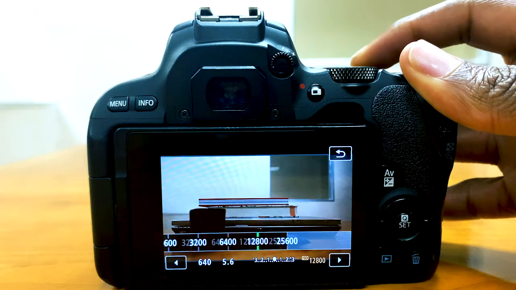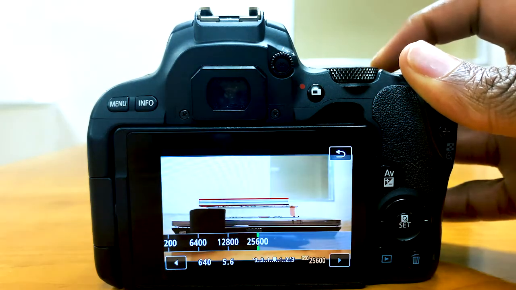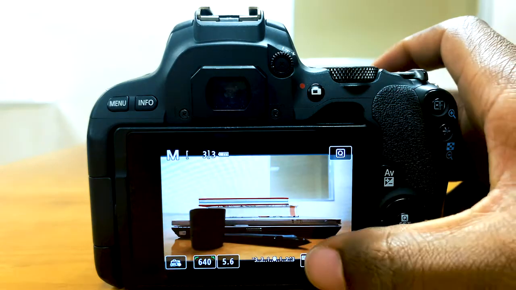Okay, so let's look into the third option, ISO. When we're looking at ISO, it's generally this sensitivity of the camera, how much sensitivity it has to light. When your ISO is on a high number, it is more sensitive to light.